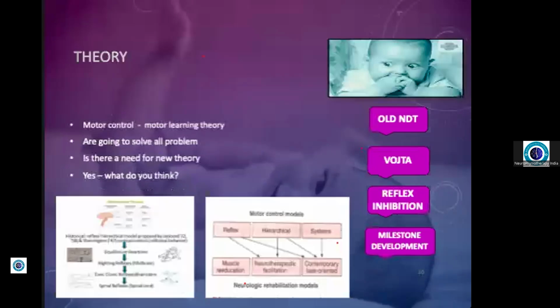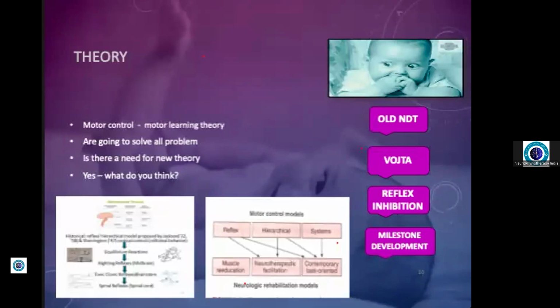So if you look into all those approaches which have been discussed, your old NDT, Vojta, or your milestone development, they all are based on the reflex hierarchical theory. Meaning the lower centers will be there, and then the higher centers. And once there is a problem with the higher centers, the lower centers will behave the way they want. That's why we see spasticity.